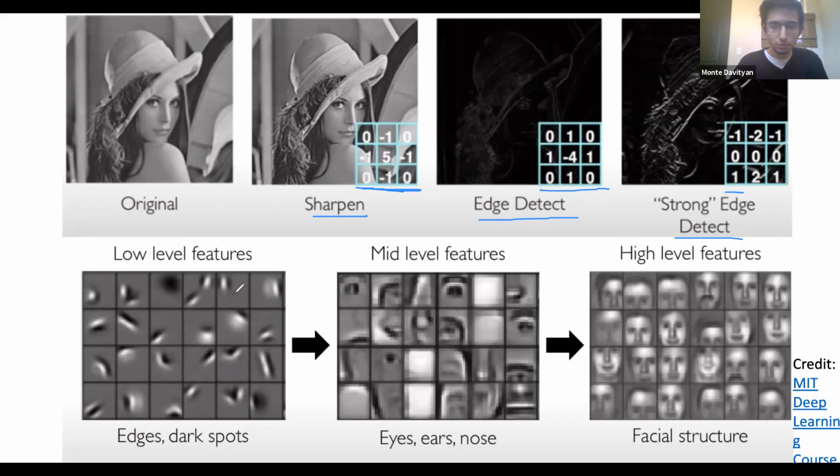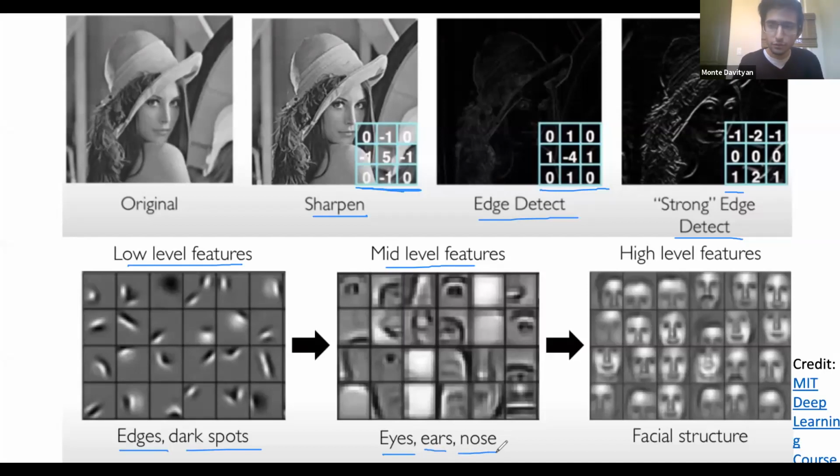And it has been researched that generally the low-level features are extracted first. So in the first couple of layers, the lower level features are extracted, for example edges and dark spots. The mid-level layers, so maybe 3 or 4 layers in, extract mid-level features, for example eyes or ears or noses.